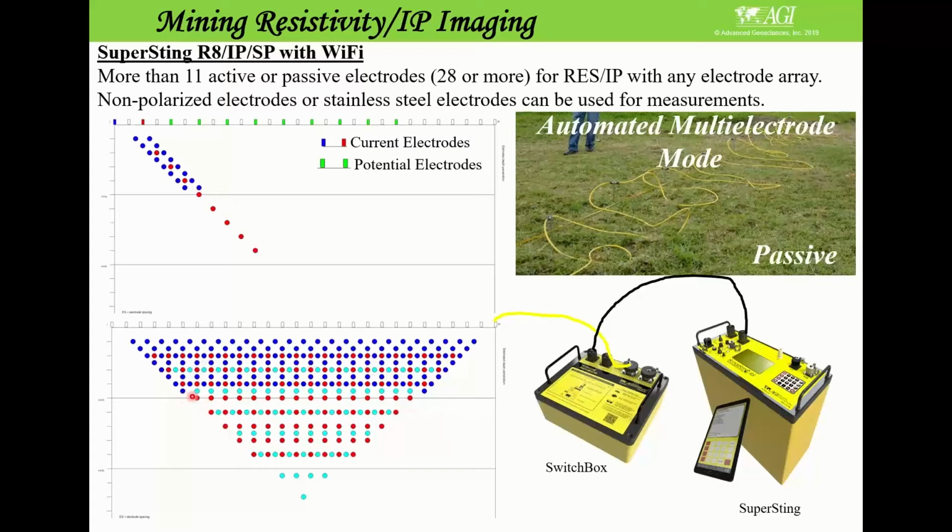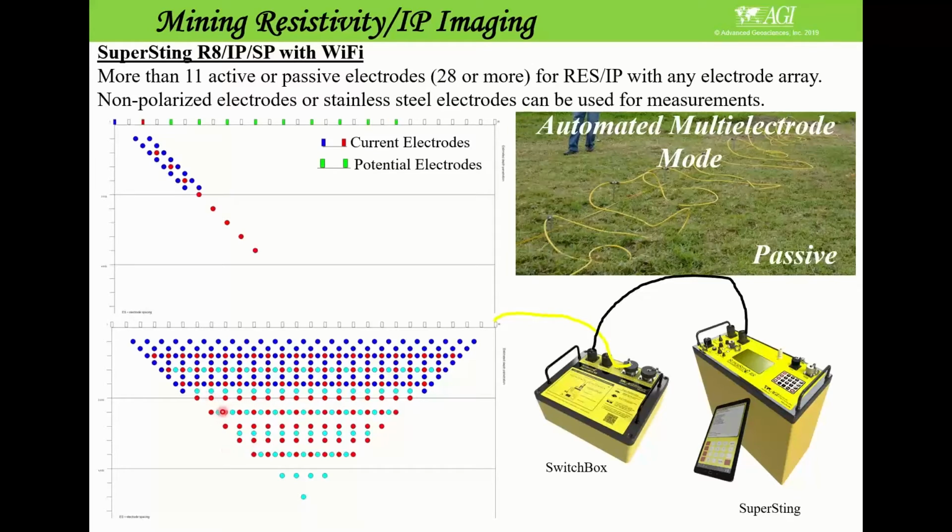But if we do the extended dipole, the red dots also get measured inside the blue areas. All the other color, the turquoise color, also comes inside the red and blue areas.